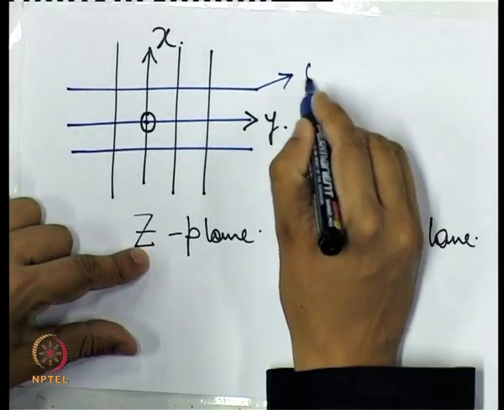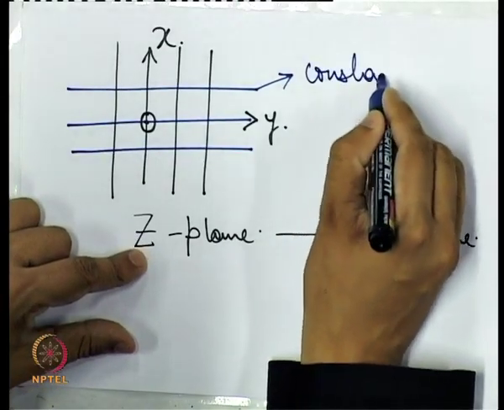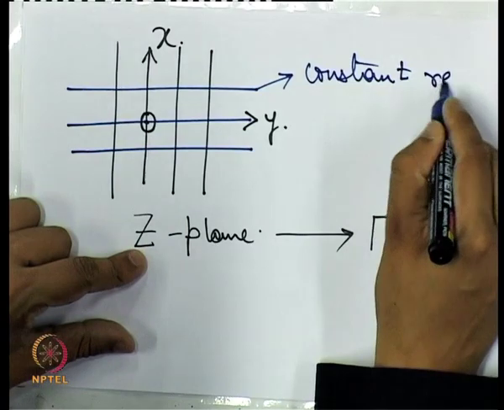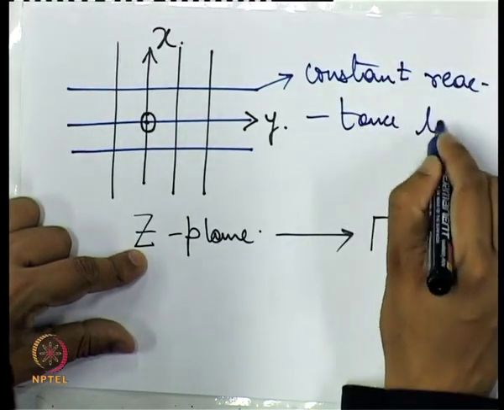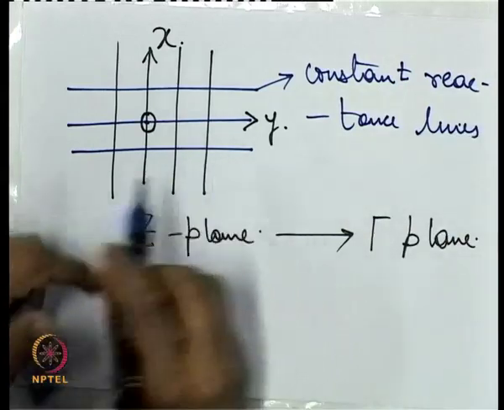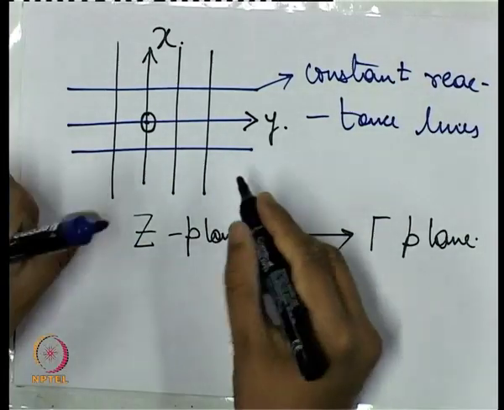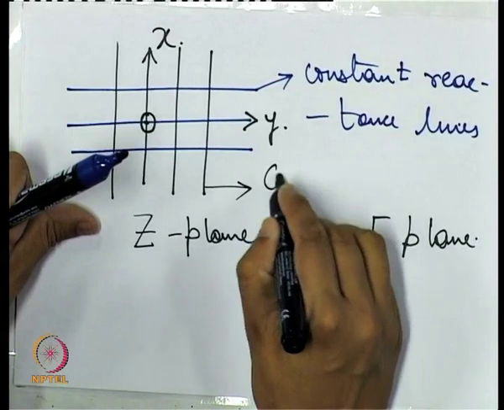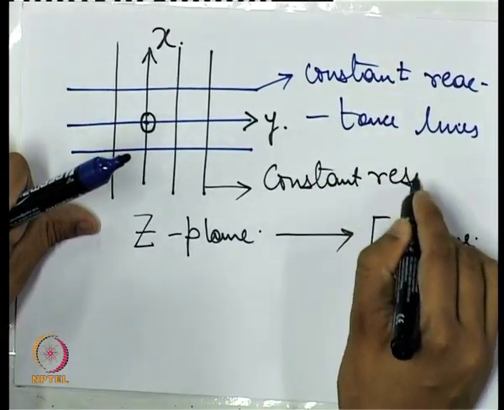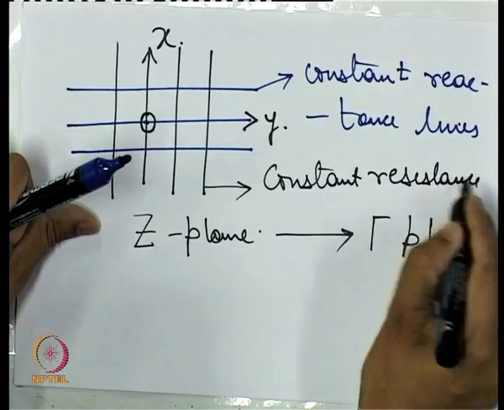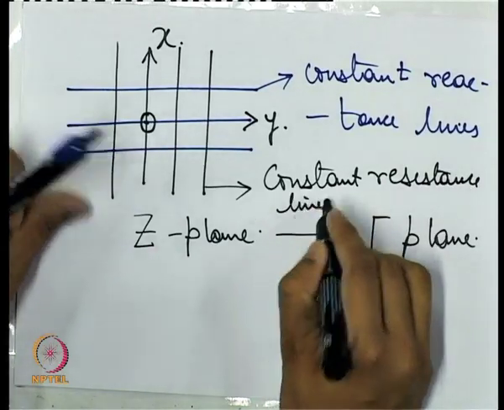So these are the constant reactance lines and these are the constant resistance lines. Fine.